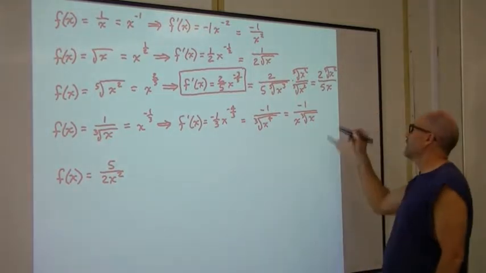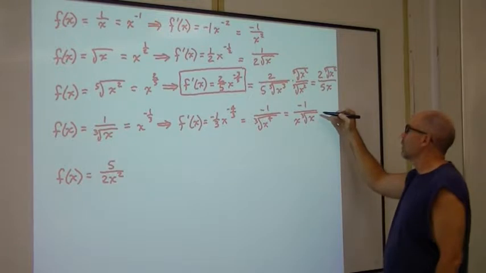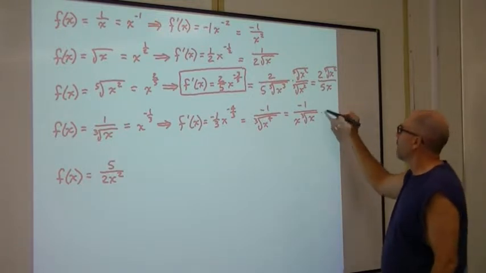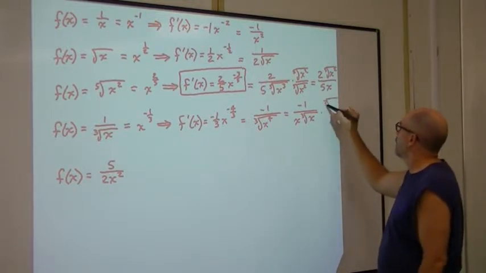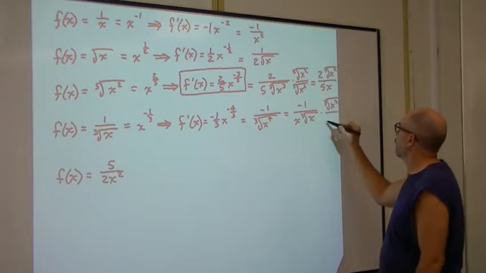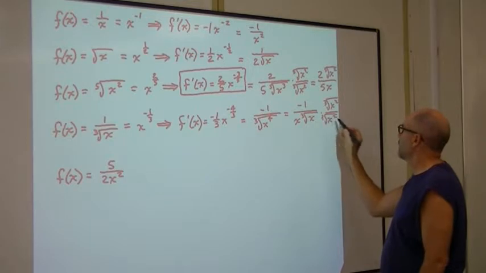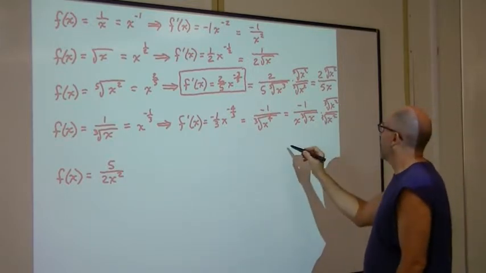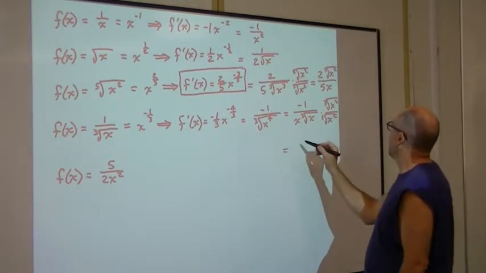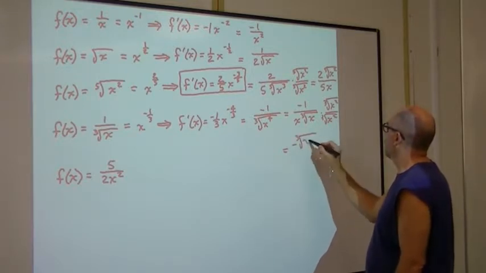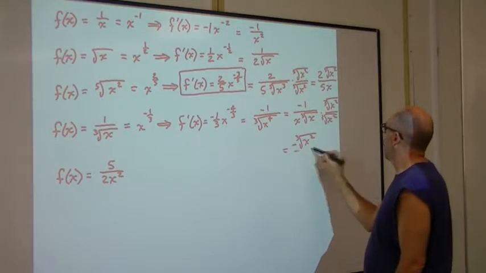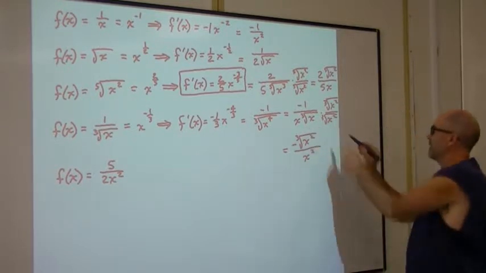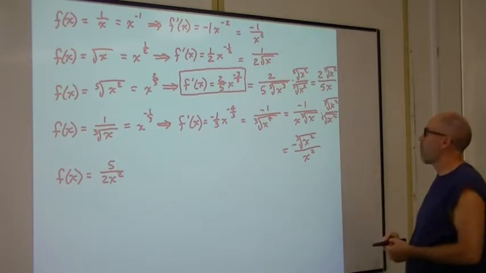And notice, in order to spring the pokey, we're going to have to multiply by the cube root of x squared over the cube root of x squared. Now we have 3 x's, we can spring the pokey, and so this ends up being negative cube root of x squared over x times x, which is x squared.